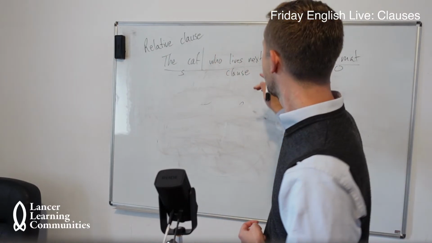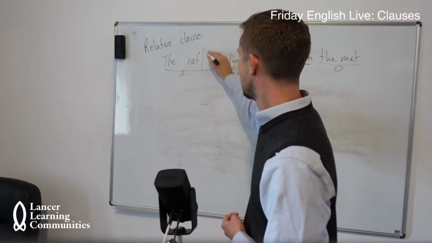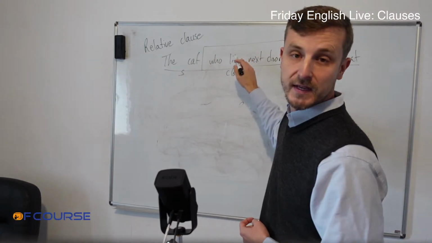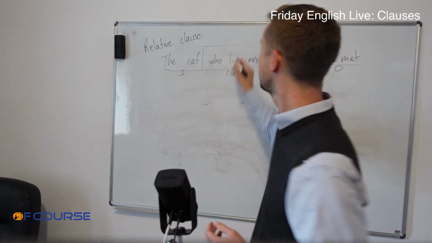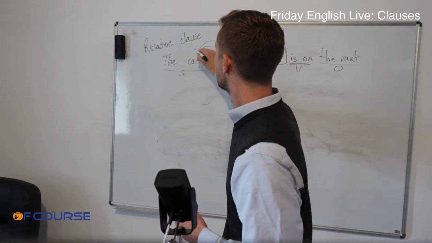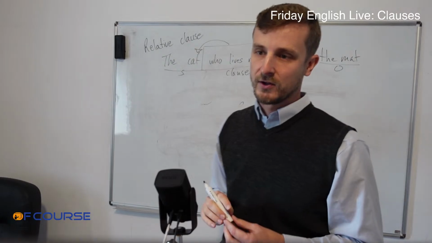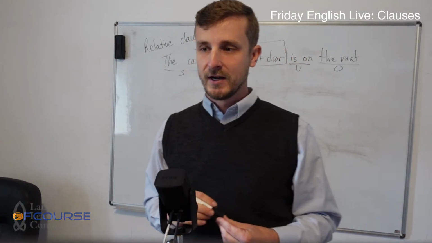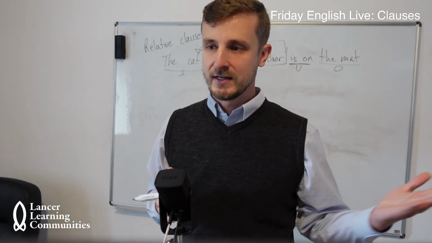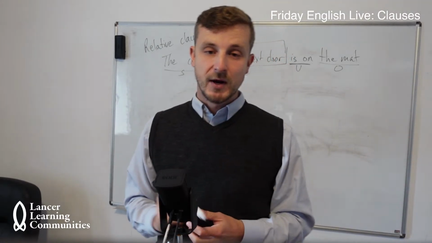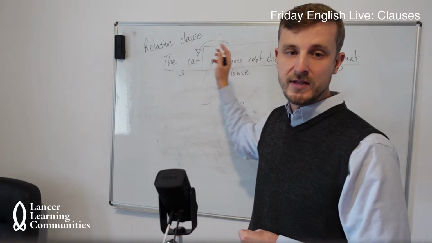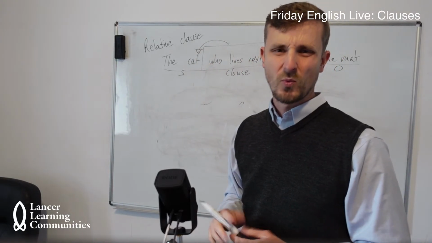All right, so let's look at this right here. This right here is relative. It's relative to what? It's relative to the noun right here. This is similar to a noun clause, but we'll get to that later. What this is doing is putting the cat into context. What cat?